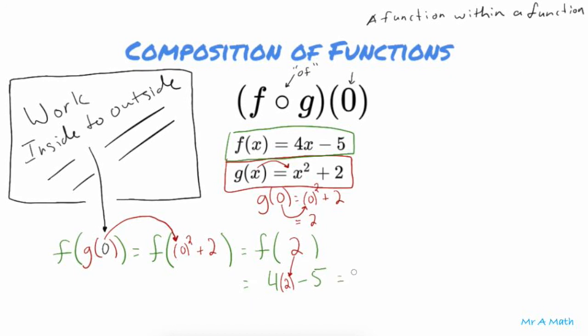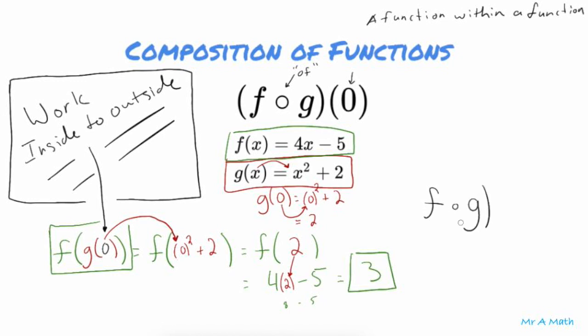And that's just simply equal to 8 minus 5, which is 3. And so now that means that the function f of g of 0, as long as I worked inside out, is going to boil down to the number 3. So my conclusion is that f of g of 0 is equal to 3.